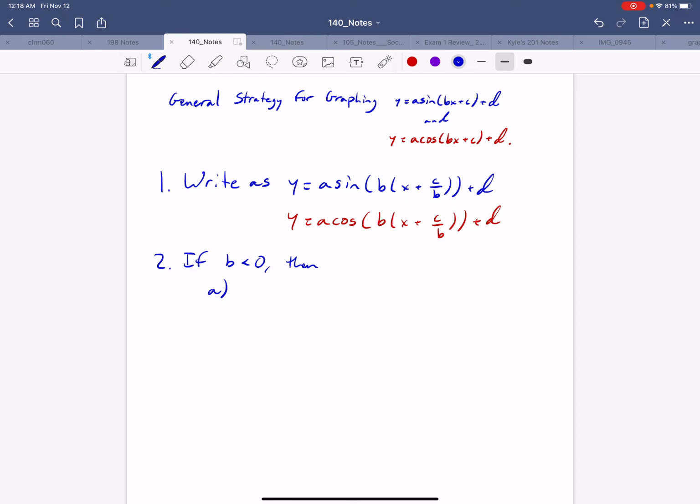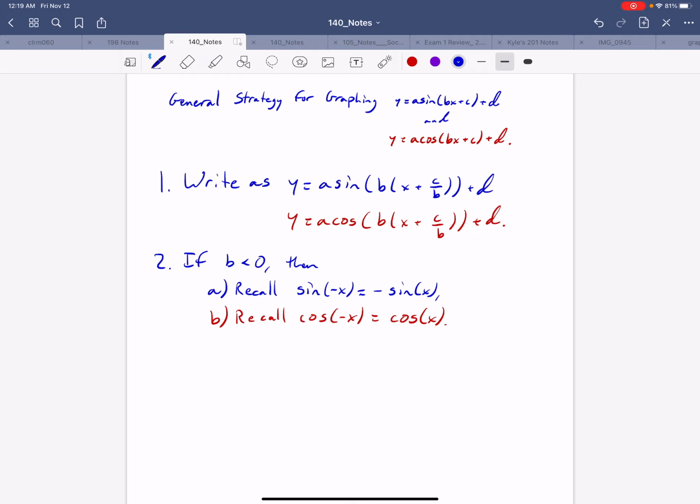A, recall that sine of negative x equals negative sine of x. And if you're talking about cosine, then recall cosine of negative x equals cosine of x. Okay? So that's the second part. That's only if b is negative.